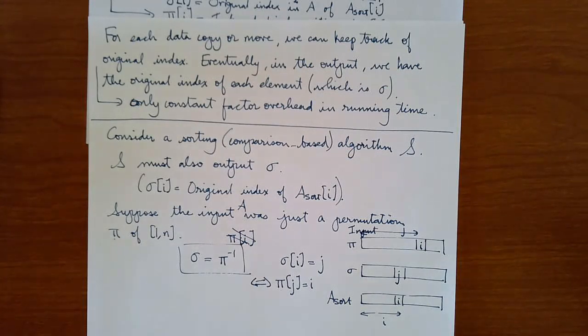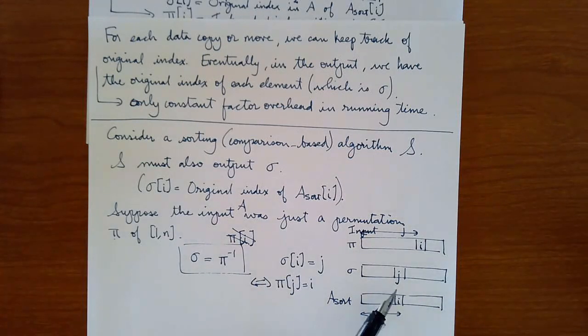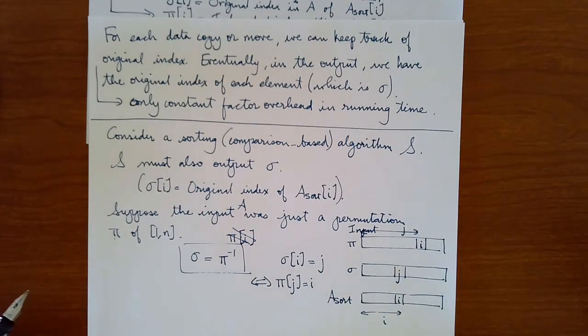We said that you must output the original index of everything. At the ith index of the sorted version, you just have I. And if sigma of I is j, it means that I was in the jth position in the beginning, which means that pi of j, which is an array, is I. So sigma is equal to pi inverse.